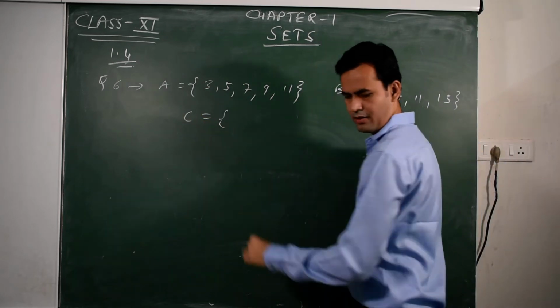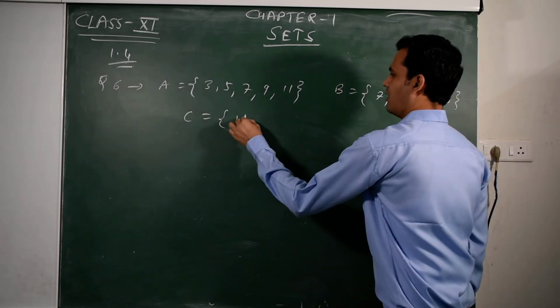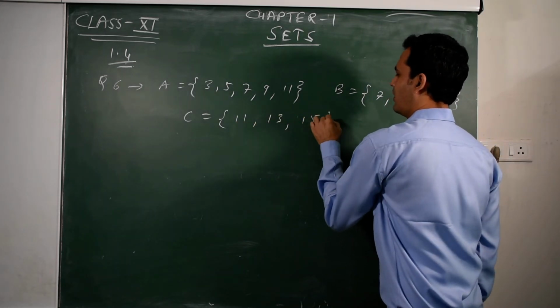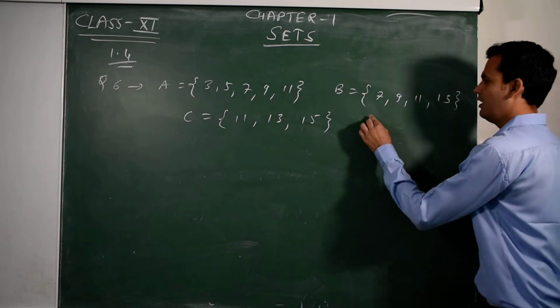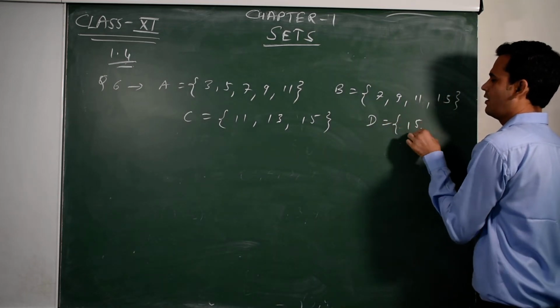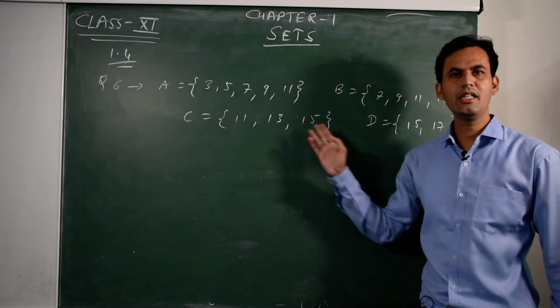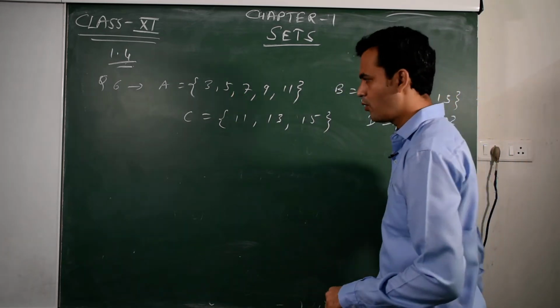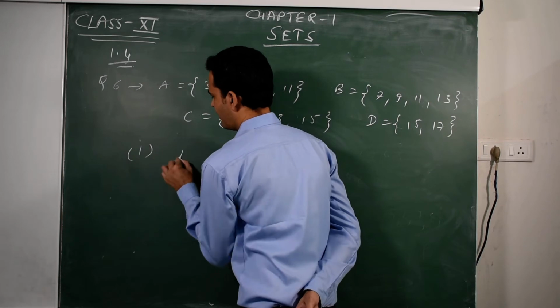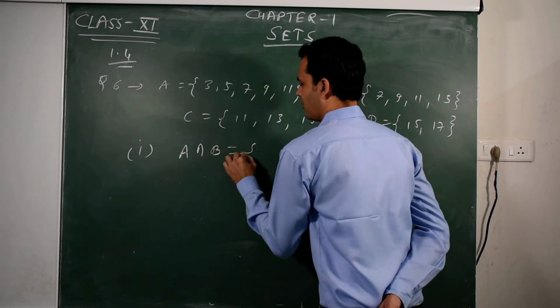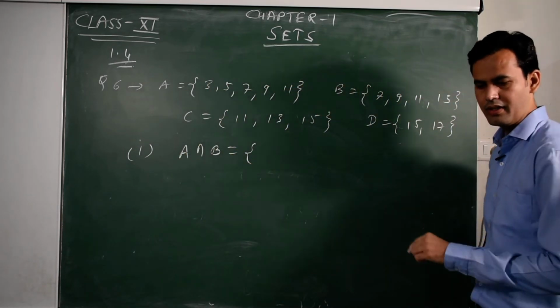C is the set having elements 11, 13 and 15 and D is the set having elements 15 and 17. So there are 4 sets A, B, C and D, and what we have to find? We have to find first A intersection B. Now we find A intersection B.